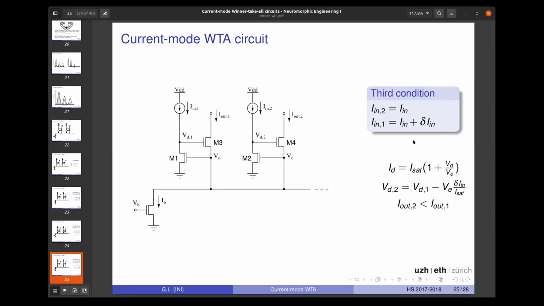But then if we look at the input transistors M1 and M2, and we replace this equation with I in one and I in two, where one is I in one plus delta, then we get the voltages, right? VD2 is equal to VD1 minus this early voltage part.